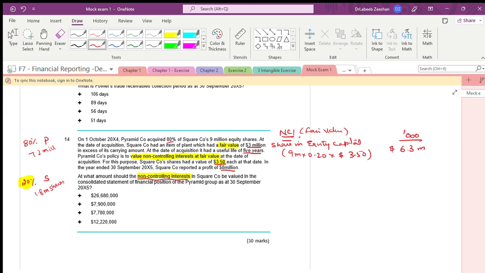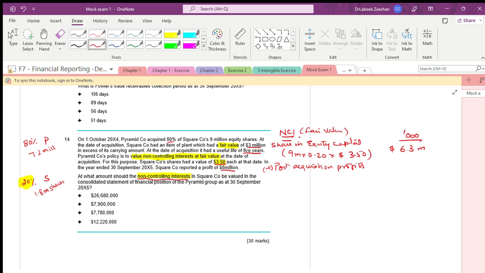Next, you have to add post acquisition profits. How much are the post-acquisition profits? They are 8 million.